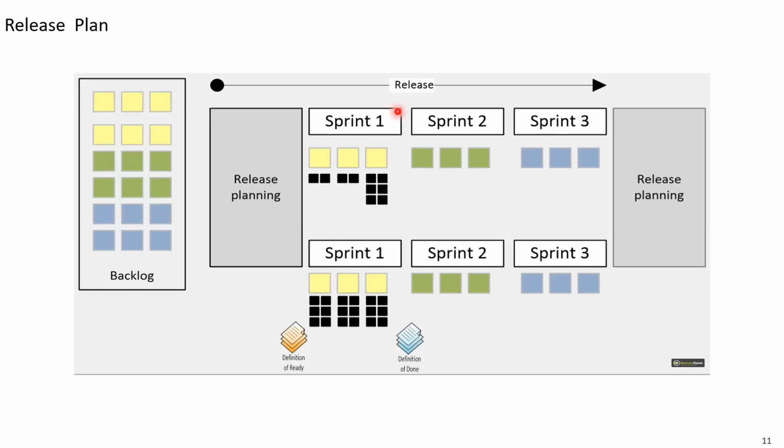Now, I am doing it sprint by sprint. Every sprint, I am creating some functionality. At the end of the sprint, I am doing review and retrospection. Then, based on the learning, I am moving forward and delivering the subsequent product.